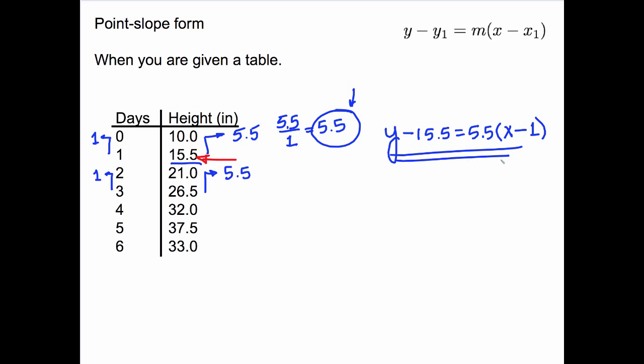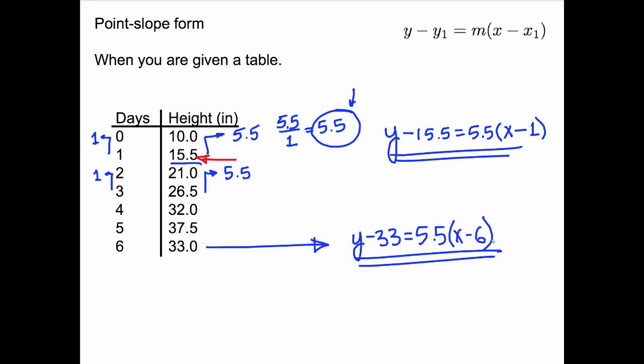And there's the equation. We could, of course, have used any other point. Had we used this point, the equation would have been y minus 33 equals 5.5 times x minus 6. But these two equations are equivalent, and either one would be acceptable.